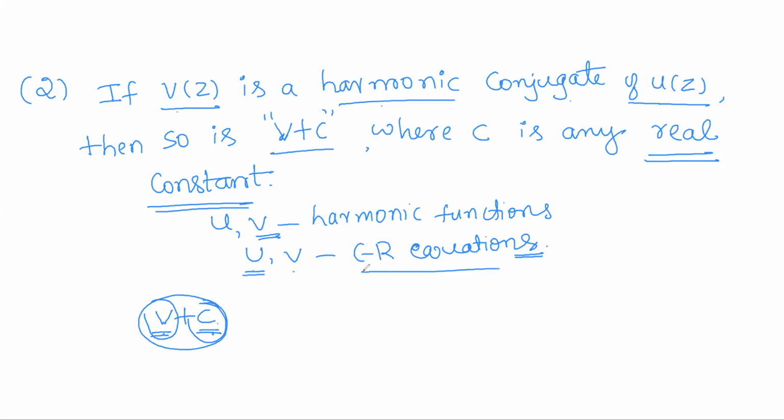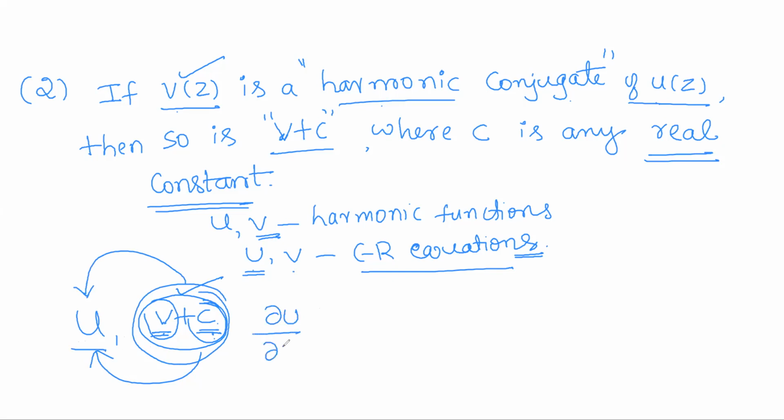As U and V satisfy CR equations, we say V is harmonic conjugate of U. Now if U and V plus C satisfy CR equations, then we can say V plus C is harmonic conjugate of U. That will imply that whenever V is a harmonic conjugate of U, the function V plus C will also be harmonic conjugate of U. Now we just have to verify CR equations for U and V plus C. Start with this: as U and V satisfy CR equations, dou U by dou X is equal to dou V by dou Y, and dou U by dou Y is minus dou V by dou X.